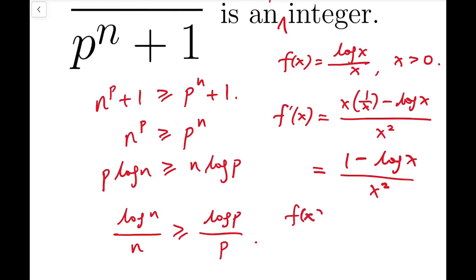So I know that this function is going to decrease when x is greater than e. And in particular, starting from x equals 3, because we're working on integers, this function will just keep going down.